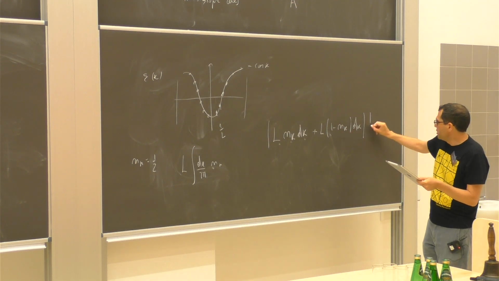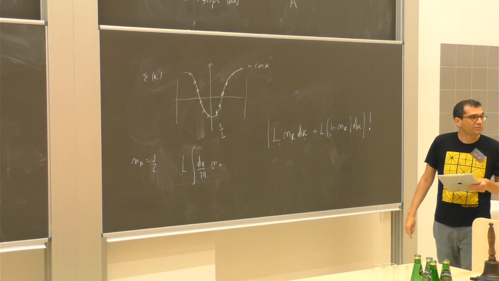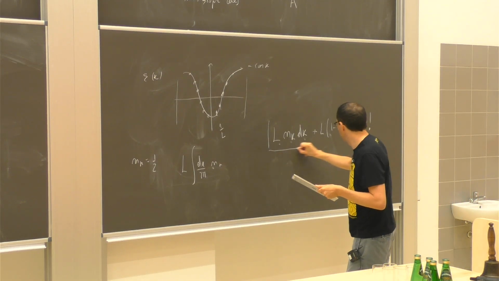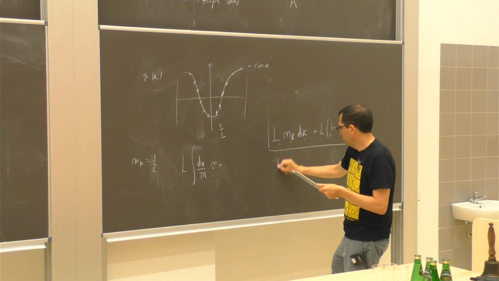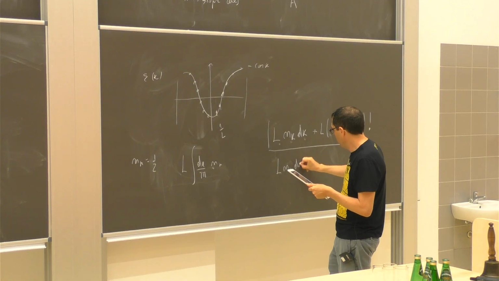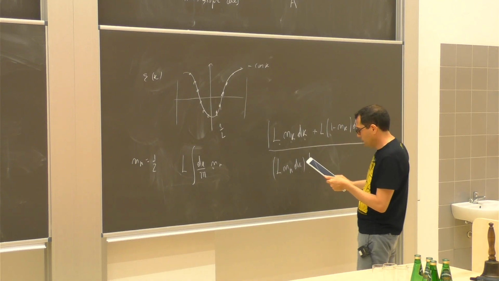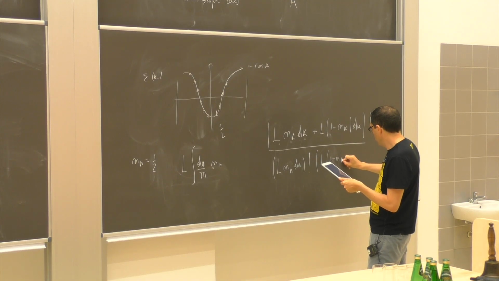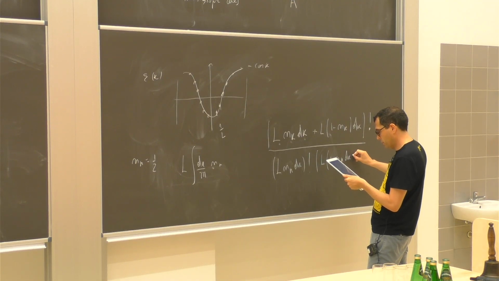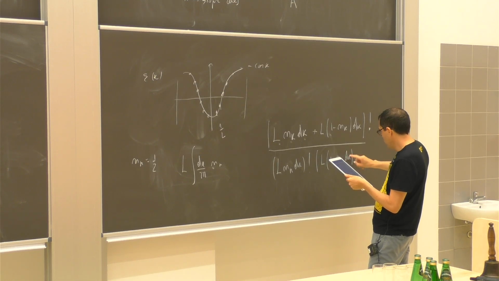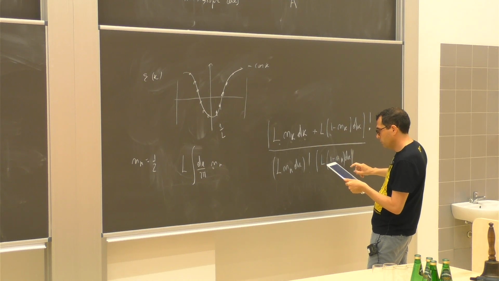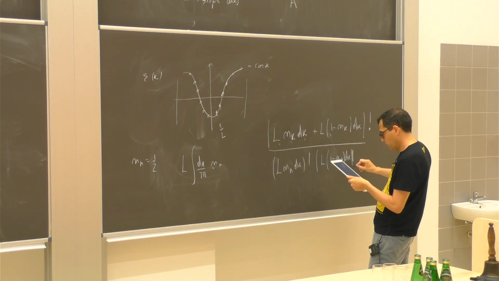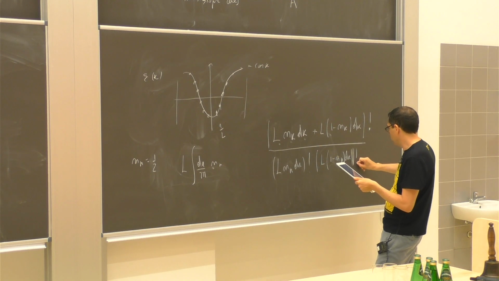Then if I take the factorial, I have to do the binomial. I have L n_k dk factorial times L times 1 minus n_k dk factorial.